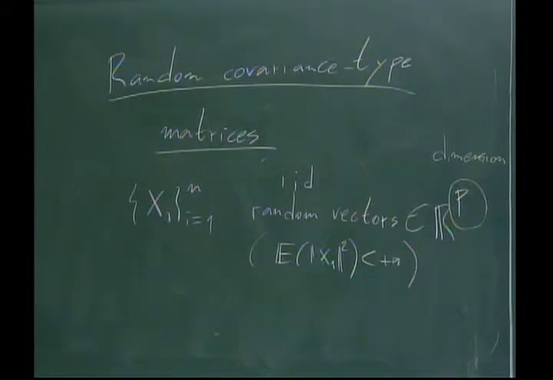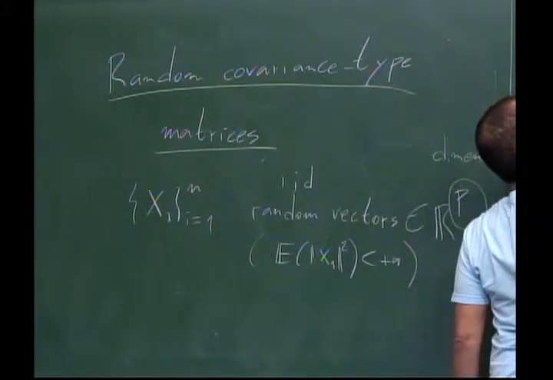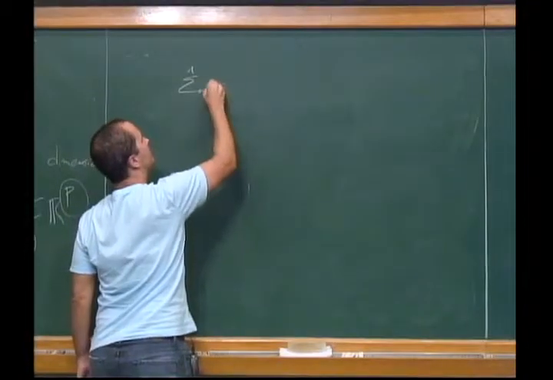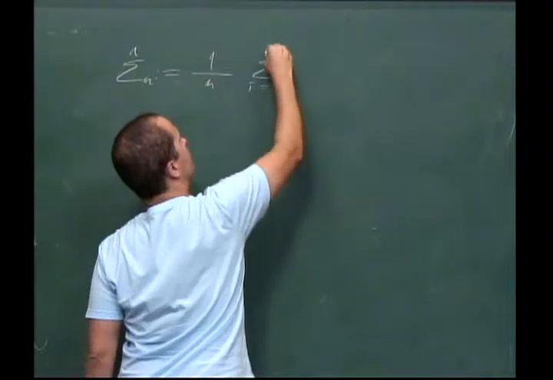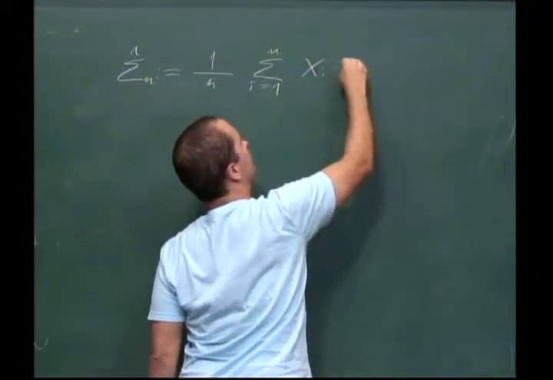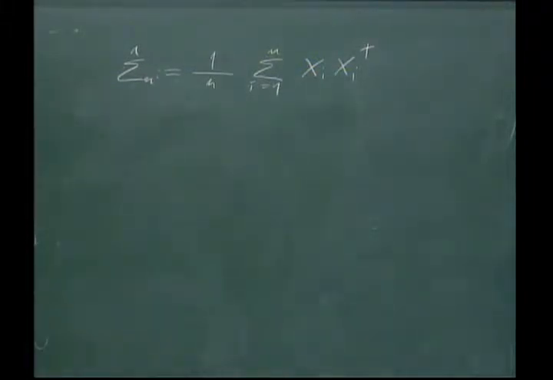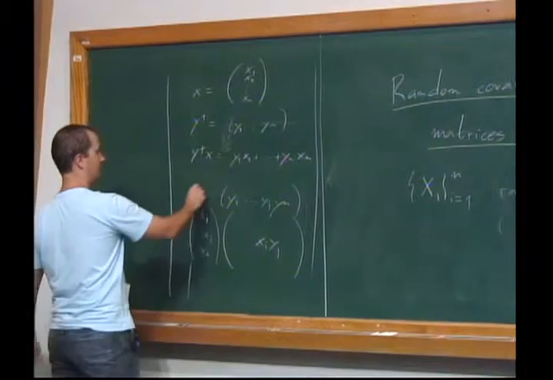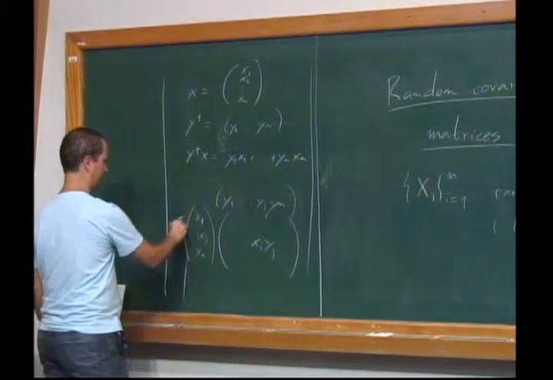Right, so what's the matrix? The matrix is this. I'm always going to call it sigma hat n. It's just a sum. And now here come the transposes and everything again, so we need to make sure we understand what this means. Remember we have this thing here, which was x y prime.